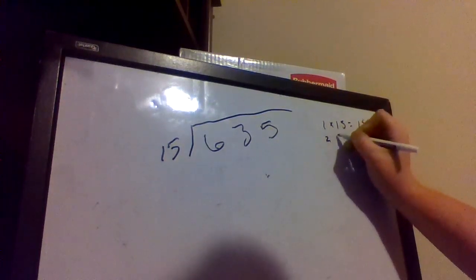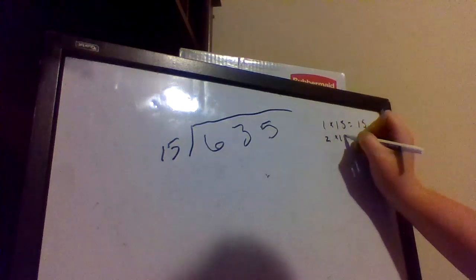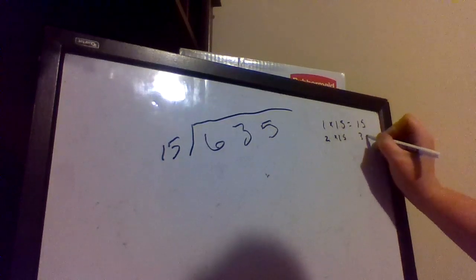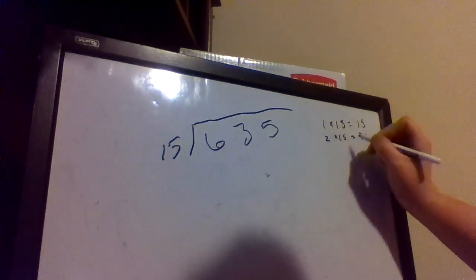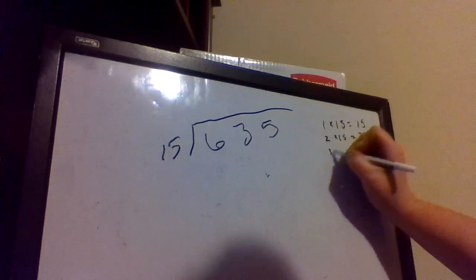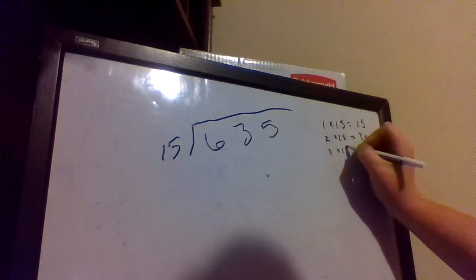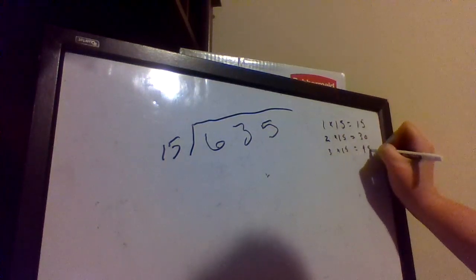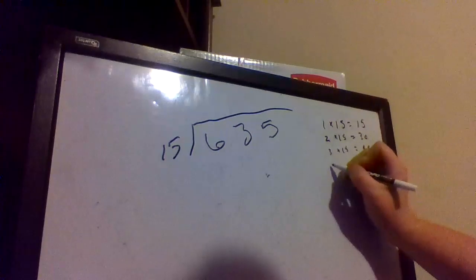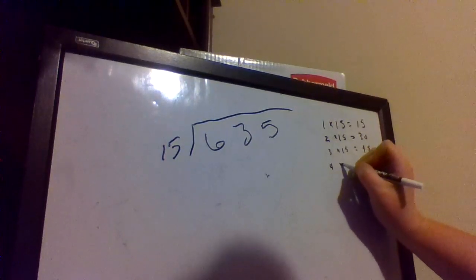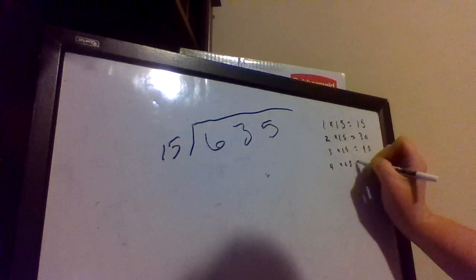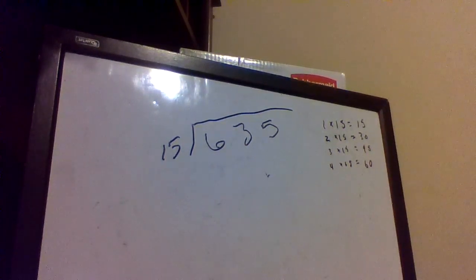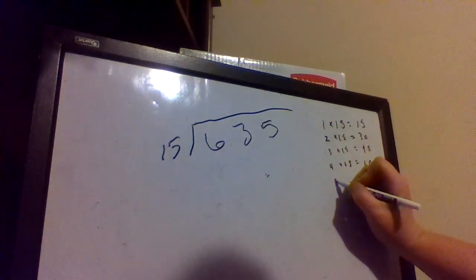So 2 times 15, if we add 15 to 15, we get 30. 3 times 15 is 45. 4 times 15 is 60. And 5 times 15 is 75.